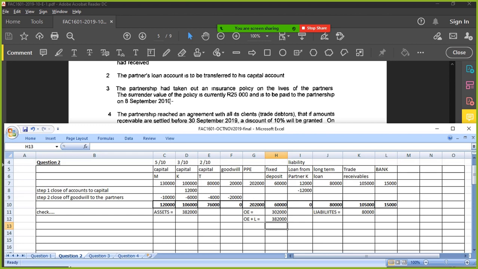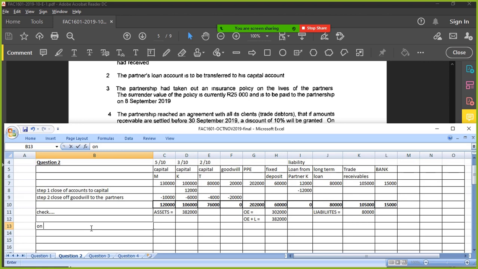Great. Next line. The partnership had taken out an insurance policy on the lives of the partners. The surrender value of the policy is currently 25,000 and is to be paid to the partnership on the 8th of September. Obviously we're looking at 1st September to the 12th, so is this something that will take place? Yes.